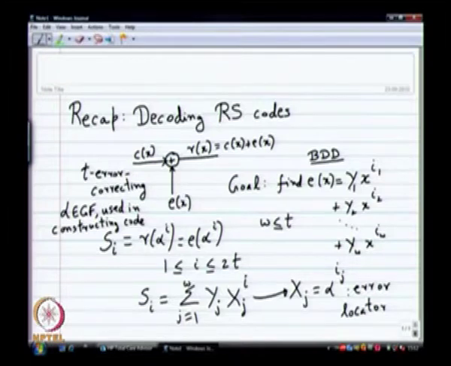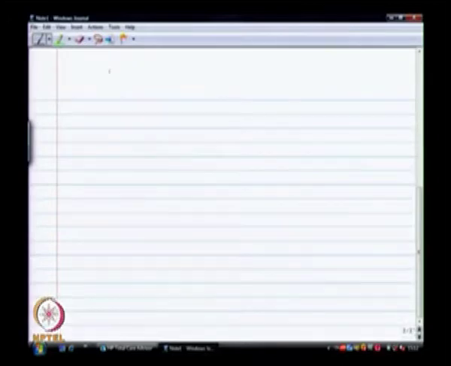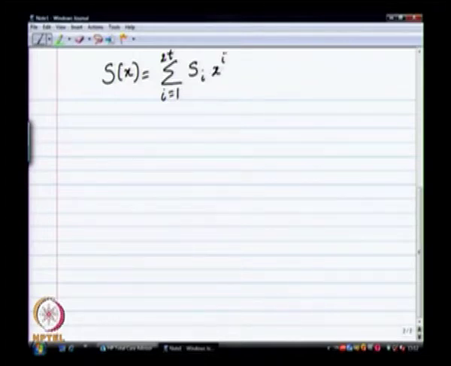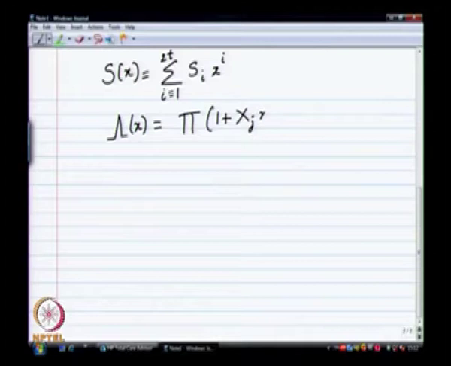Okay. So the main trick is, once again, think of polynomials and define a syndrome polynomial, which is the sum of Si x power I, and then also define an error locator polynomial, which is the product of 1 plus Xj x, for j equals 1 to w.